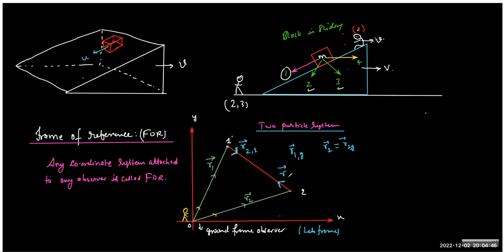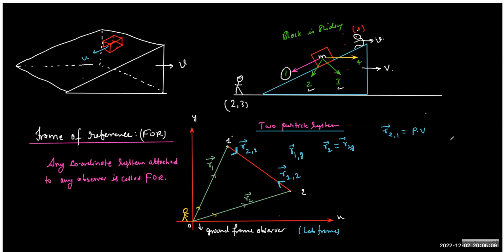R 1, 2. 1. See, the first alphabet is always the position vector. But if you bring something more, it will be the observer name. Okay. So R1 is the position vector, and then observer name is 2. So R21 is the position vector.